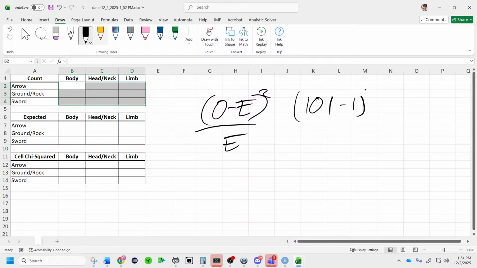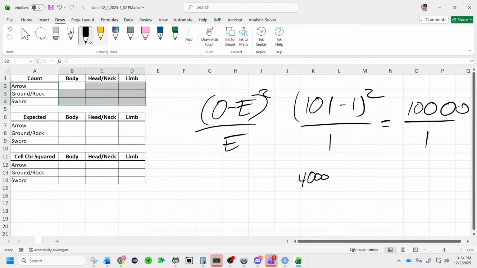So that's a difference of 100. And with your expected of costing $1, this would be a huge wow factor of a chi-squared of 10,000, because that's 100 squared.